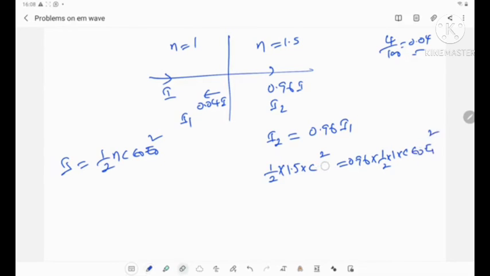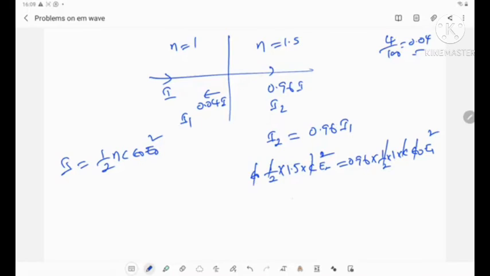See, this one is E2 square. Here 1 by 2 C, here also 1 by 2 C. Here epsilon naught is there, here also epsilon naught, so they cancel.